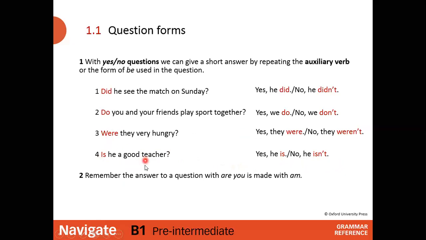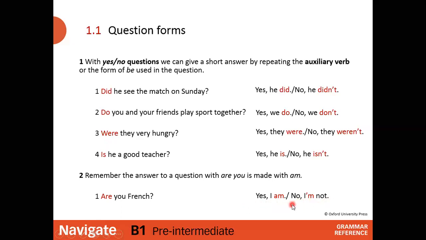I hope it's understandable. Next rule, remember the answer to a question with are you is made with am. So you say am when you answer. For example, are you French? Yes, I am. No, I'm not.